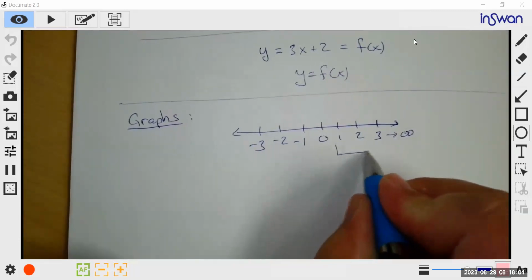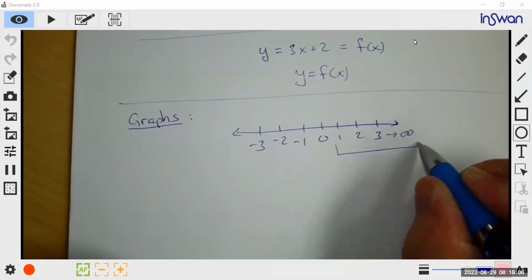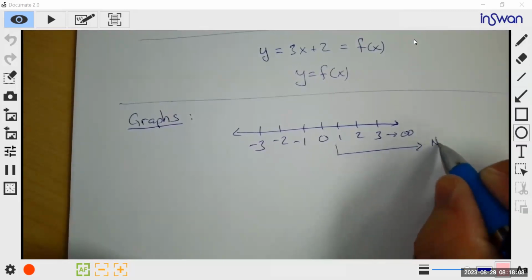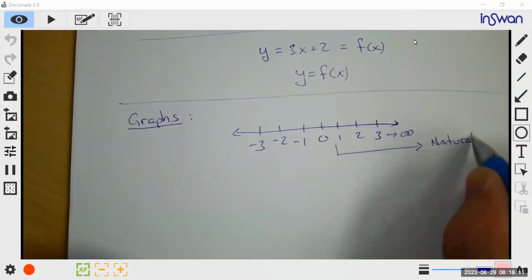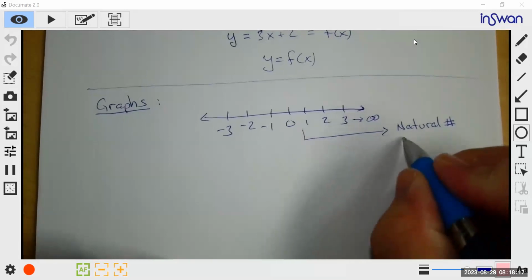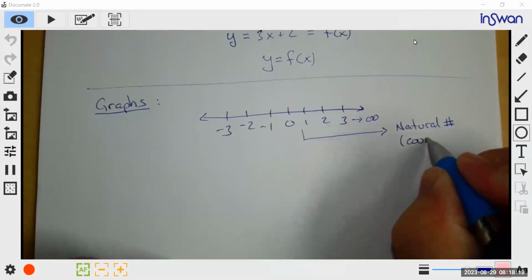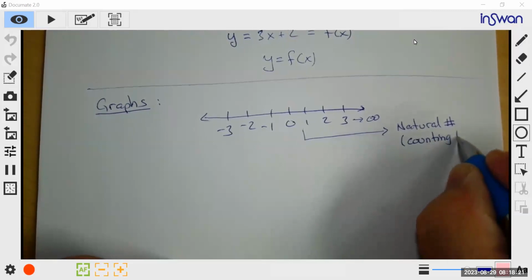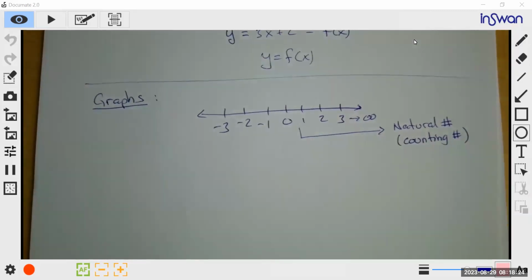So from 1 to infinity, we call those natural numbers. Or actually, instead of natural, you can call them counting numbers. And then you learned the number 0.